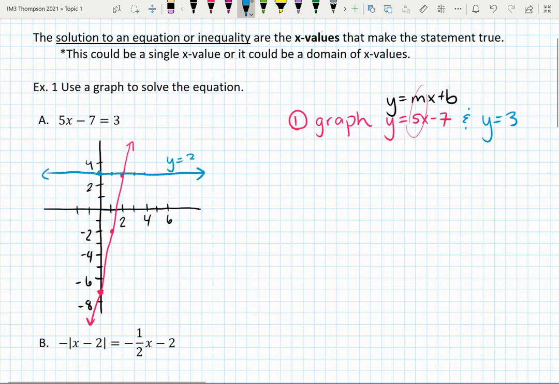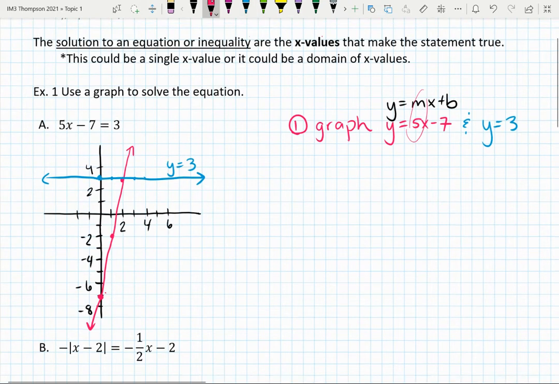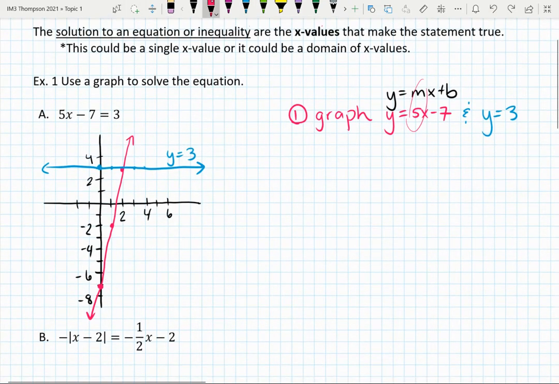And let me go ahead and label these. The graphing is the tedious part. Oftentimes the part we need to do over and over again to make sure we're good.